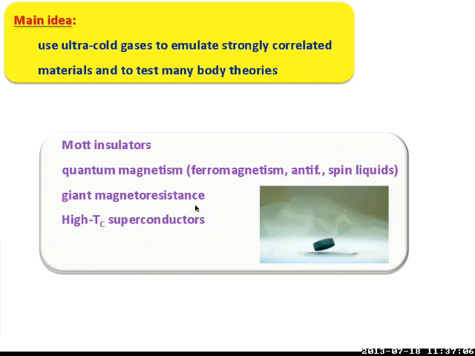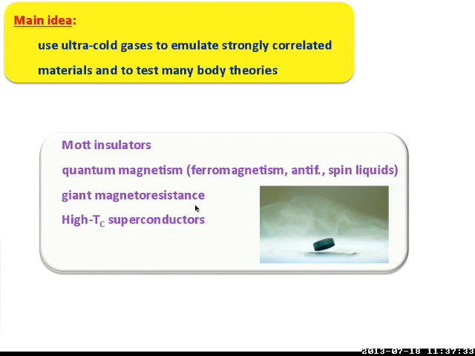Our research is mostly in the field of condensed matter physics. In particular, we would like to use ultracold atoms to emulate the behavior of electrons in solids. We are particularly interested in so-called strongly correlated materials, typically materials which contain transition metals.